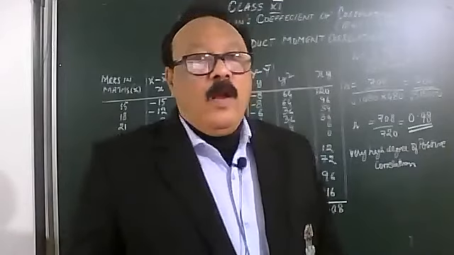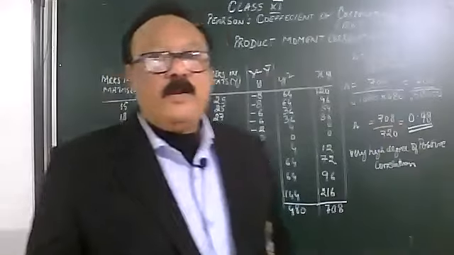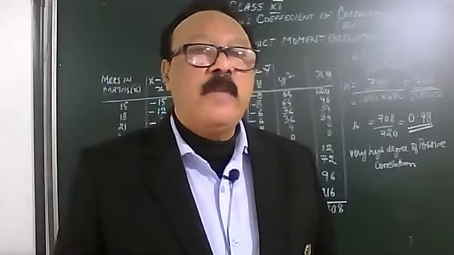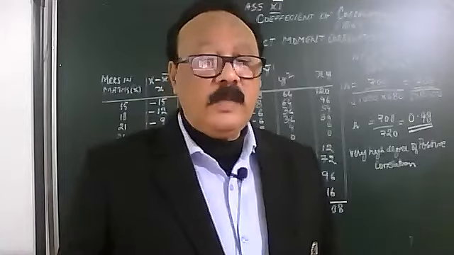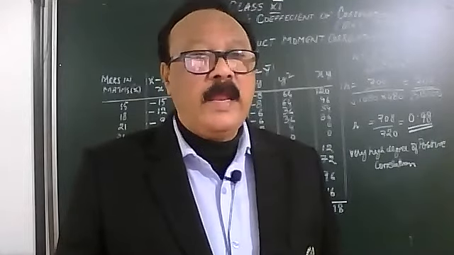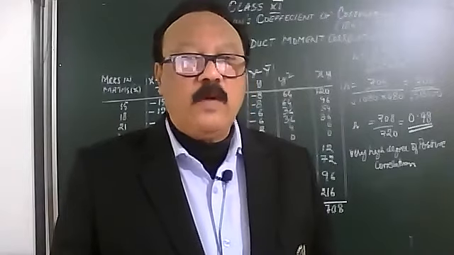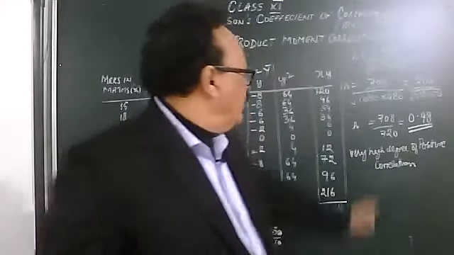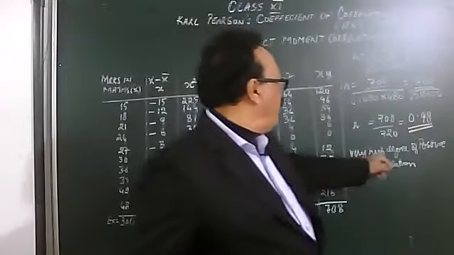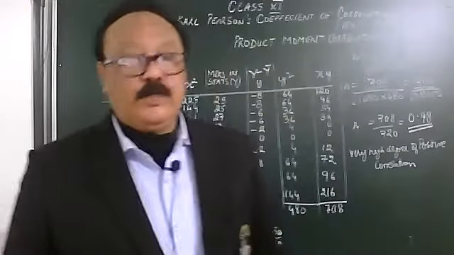Then refer to your table which I had given you yesterday, and that has to be memorized as well, learned by heart. The table says anything 0.9 and above, you will call it very high degree of positive correlation. We have the answer of 0.98, so we will say it has a very high degree of positive correlation.